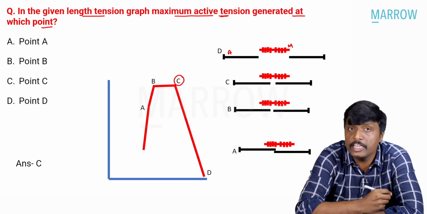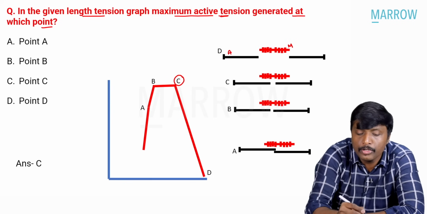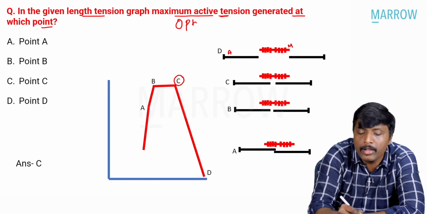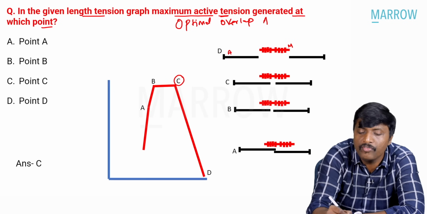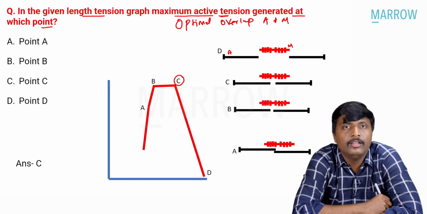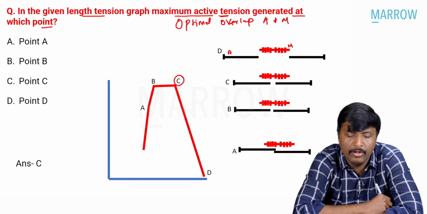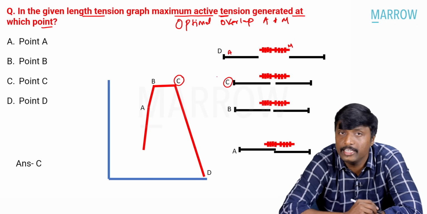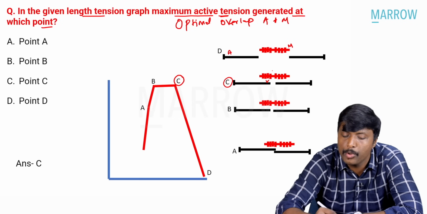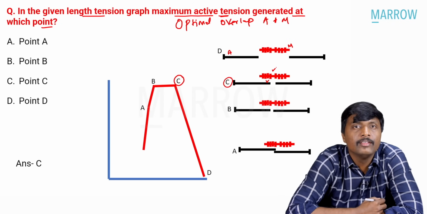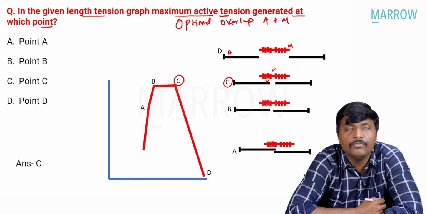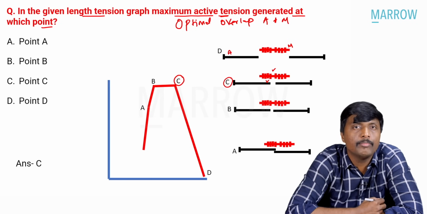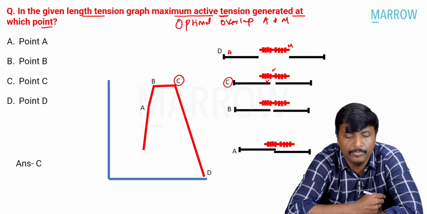For active tension to be maximum, you need optimal overlap of actin and myosin. We are clearly seeing at point C, there is optimal overlap between actin and myosin. For maximum tension generation, there should be optimal overlap of actin and myosin.